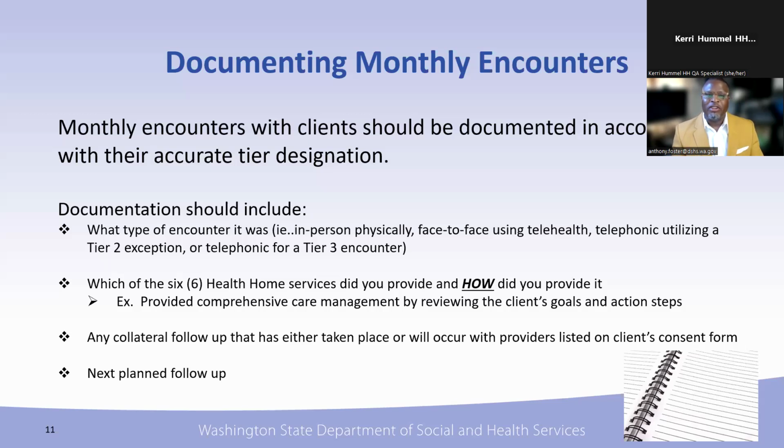But at the end of the day, we don't want to just put in, hey, provided care coordination or referral to home health and community services, or whatever it is. Whenever we put something down, elaborate briefly in a sentence or two on what you're doing. That gives the meat, the foundation, or the context to what you're providing, so it makes it easier to justify what you are setting the member as, for example, their tier designation.